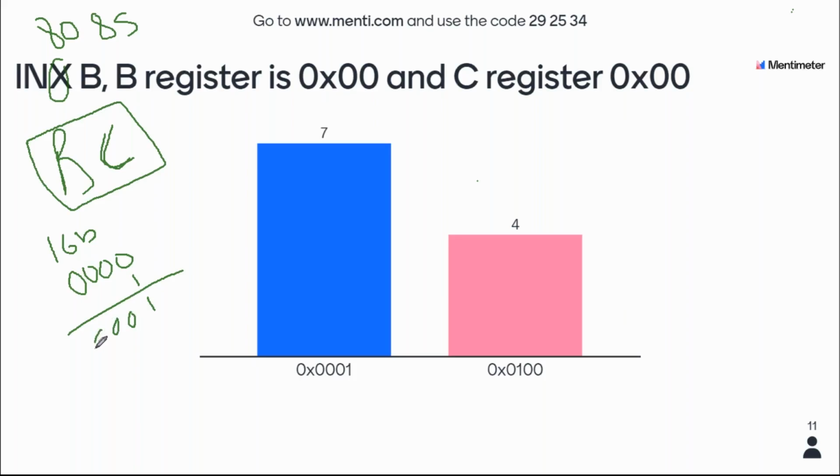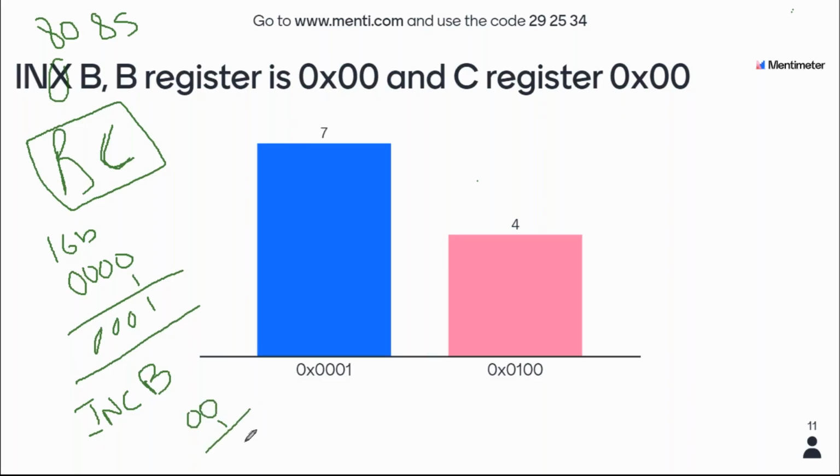So that's how an INX instruction will work. It will take both of the combinations together as a single 16-bit register and then operate on it. If, for instance, I have done a single INR B instead of INX B, then it will take B as a single 8-bit register, and then 1 will be added to it.